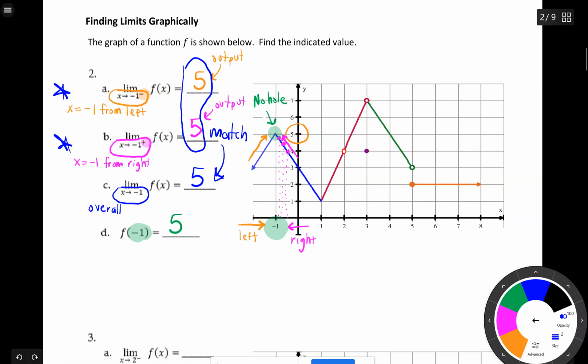So if this output and that output match, then you have an overall limit. And that's where you don't have any pluses or minuses. So we're going to see some examples where the limit from the left exists and the limit from the right exists, but they don't match. So there's not an overall limit because they're doing different things from different sides. So we'll see an example of that.